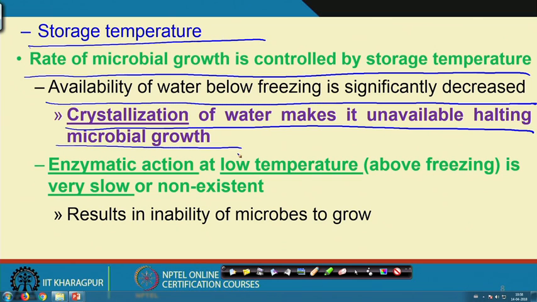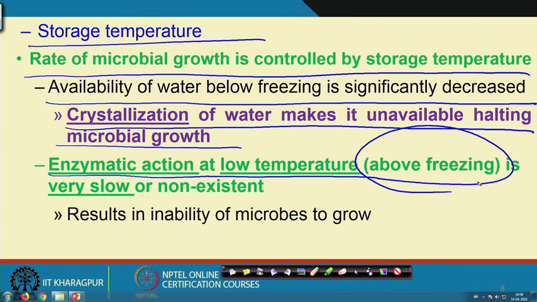halting microbial growth. Enzymatic action at low temperature above the freezing point is very slow or non-existent. Very close to 0 degrees, the enzymatic actions are also minimized, right. In some cases it may be eliminated, in some cases it may be minimized, depending on the enzyme. So, it cannot be said in one word that it is eliminated.